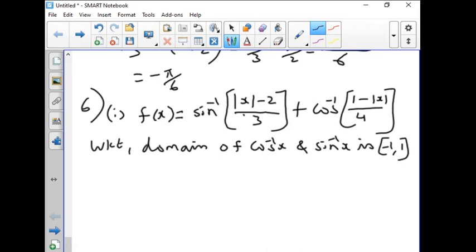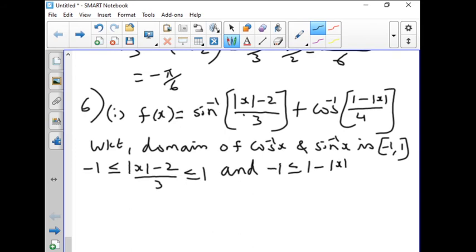So, we will take minus 1 less than or equal to modulus of x minus 2 by 3 less than or equal to 1. And for cos inverse, minus 1 less than or equal to 1 minus modulus of x by 4 less than or equal to 1.